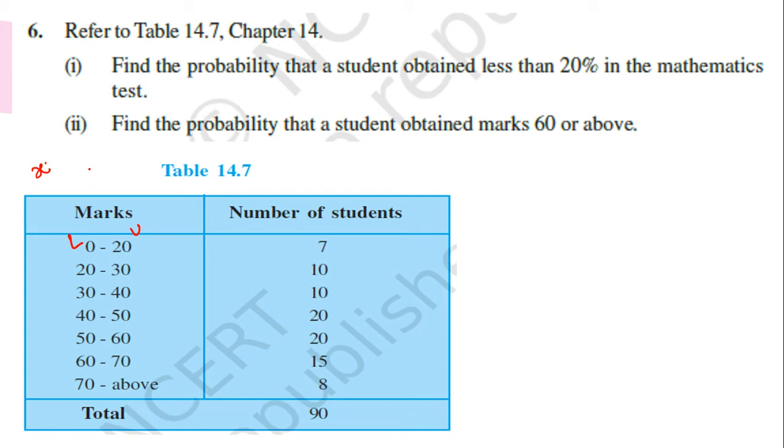For 0 to 20, the class mark is equal to lower limit plus upper limit divided by 2. So 0 plus 20 is 20, 20 divided by 2, so 10 will come. So 10 is your xi, that is your class mark. But this is just for information only. We will not go into this kind of case. Okay, back to the point again.